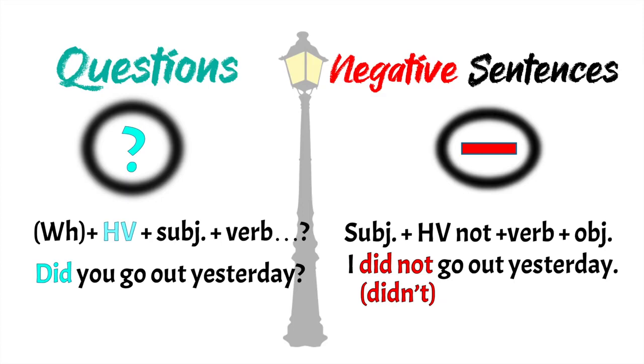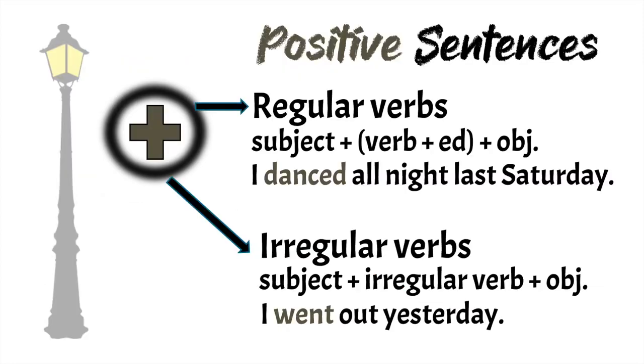Negative sentences. Okay, so we need the subject plus the helping verb plus not plus the verb and the object if you have one. I did not go out yesterday. I didn't go out yesterday. Okay, so what happens with positive sentences?